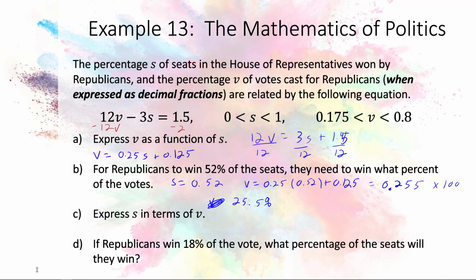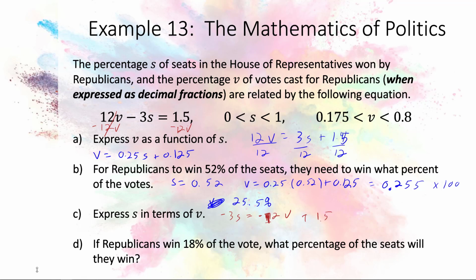Minus 12V. These will cancel. We will have negative 3S is equal to negative 12V plus 1.5.